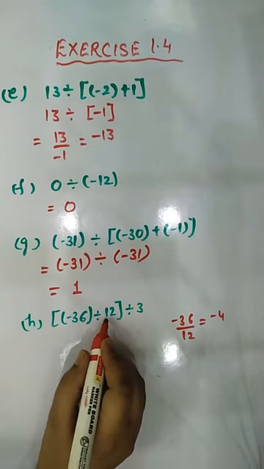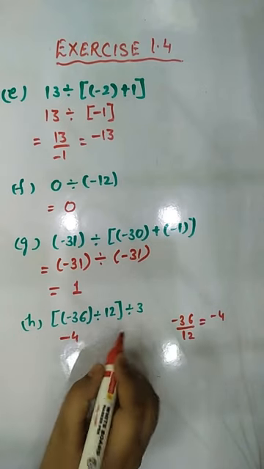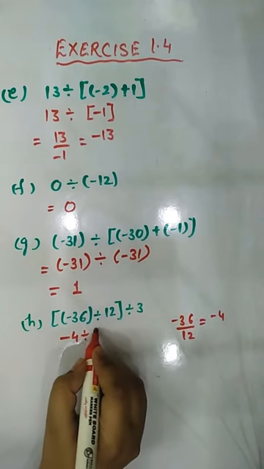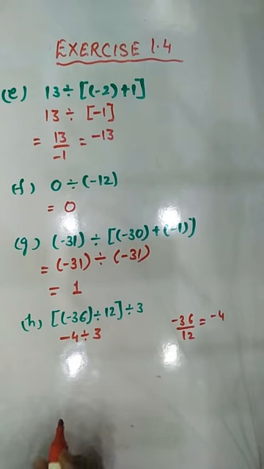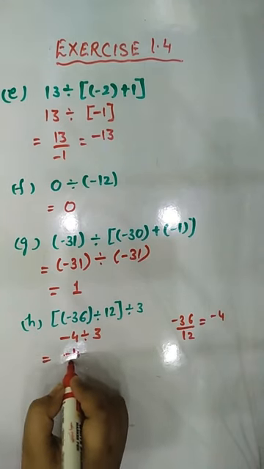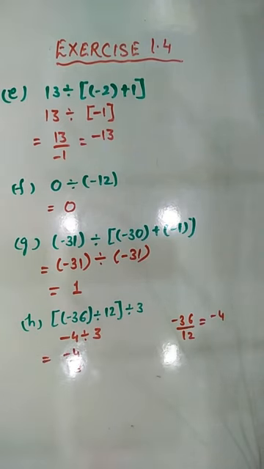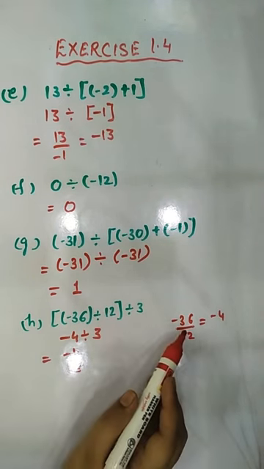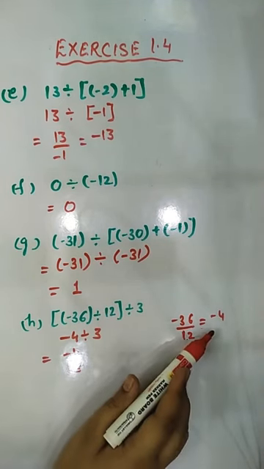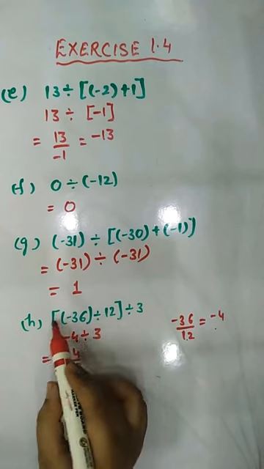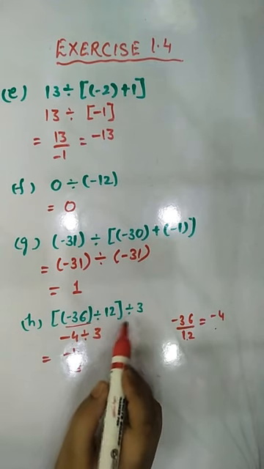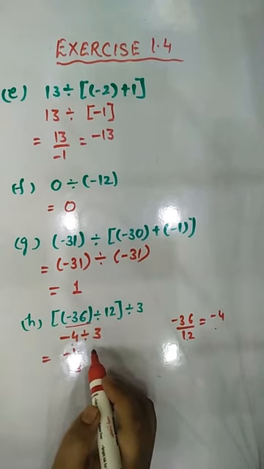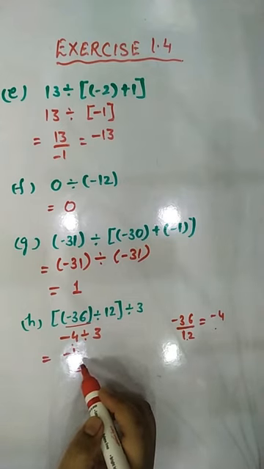Minus 36 divided by 12 will become minus 4. So you can write minus 4 divided by plus 3. So the answer will be minus 4 by 3. I hope you all have understood. I have solved this separately, that minus 36 by 12 will become minus 4, and the answer of this part is minus 4 divided by 3, that means minus 4 by 3.